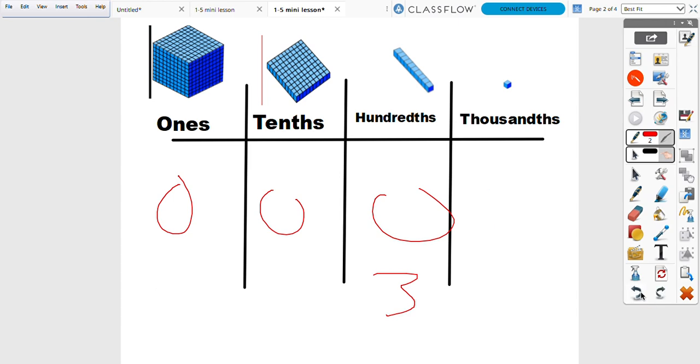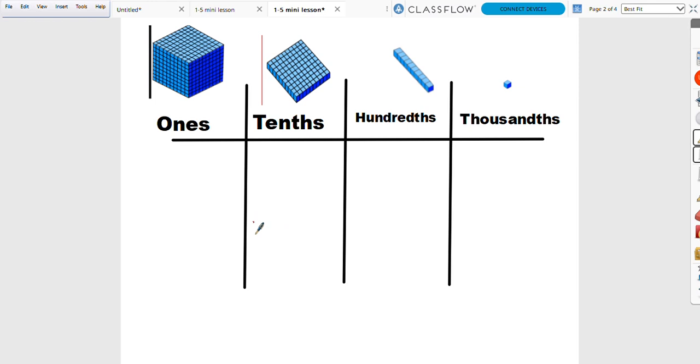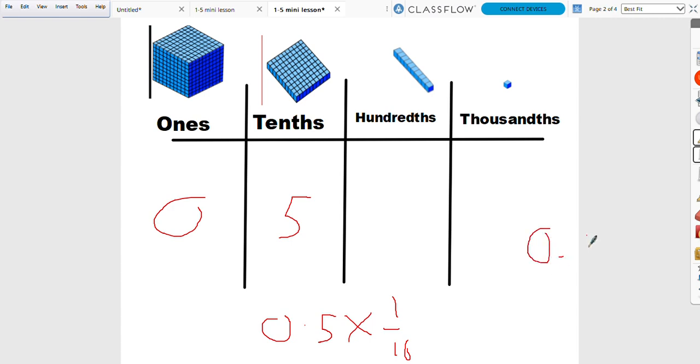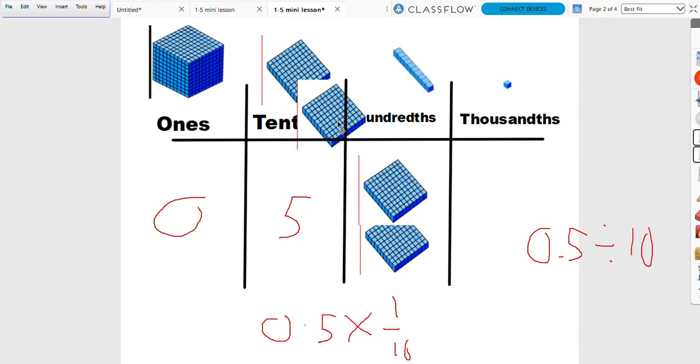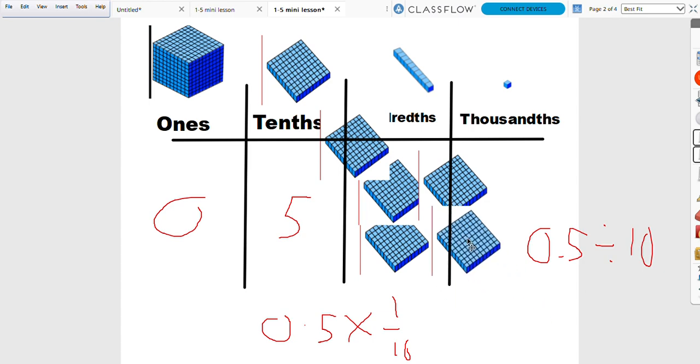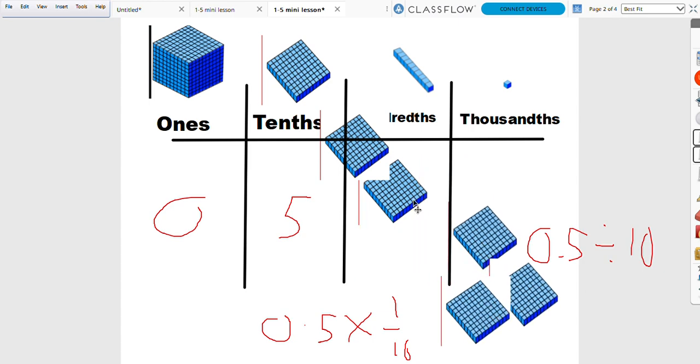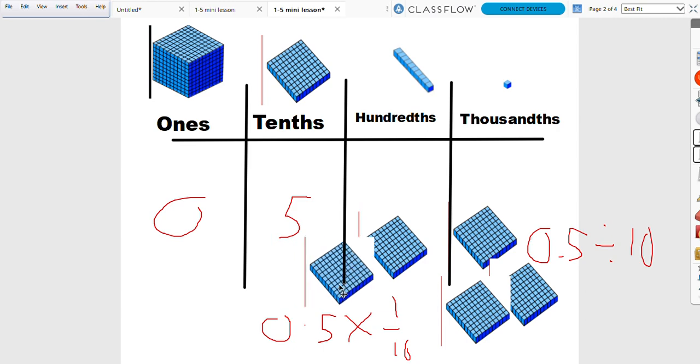The same goes with 1/10 when you are going the other direction. We're really dividing by 10. So if you had 5 tenths, and you're asking for 0.5 or 5/10 times 1/10, you're really saying 0.5 divided by 10. And what they are telling you to do is to take these 5 here, 1, 2, 3, 4, 5, and then split them up into groups of 10.